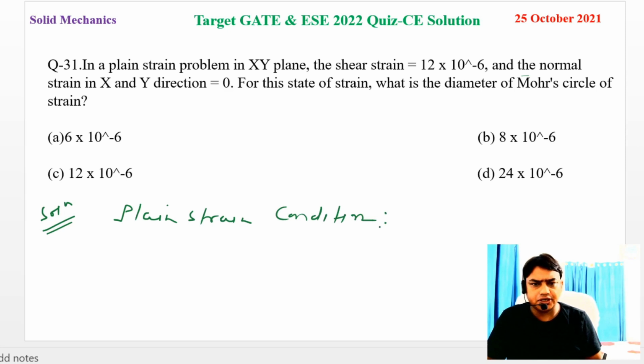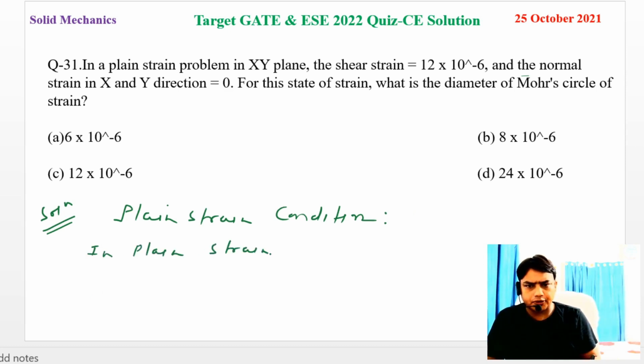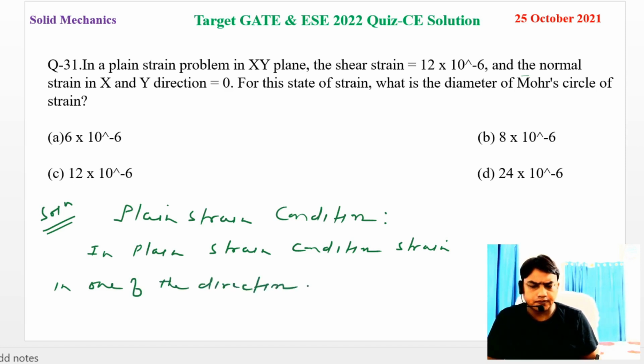Plane strain condition is a condition in which the strain in any one of the directions is zero, but stress will exist.